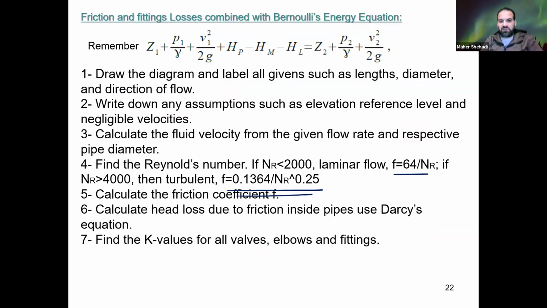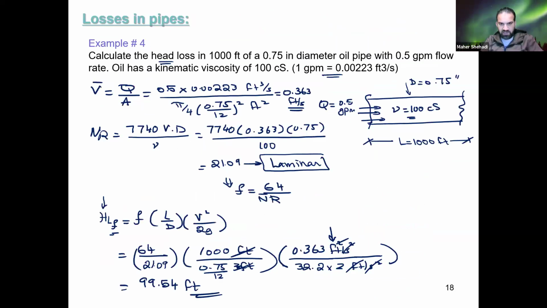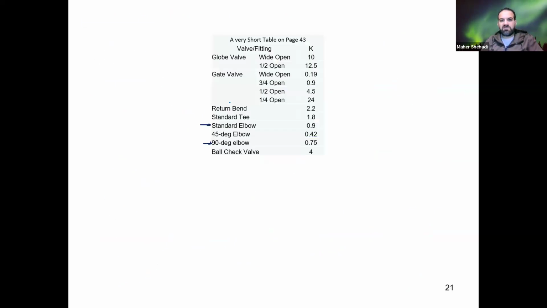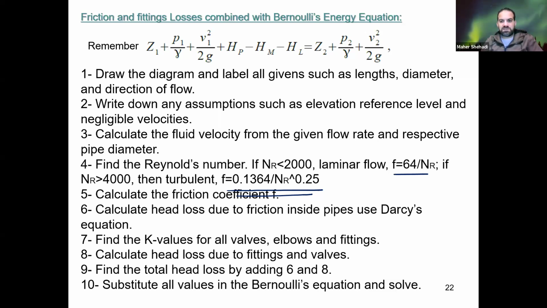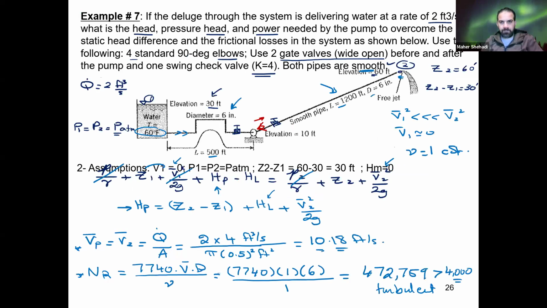Anyway, we'll get F. Since I'm here, if it was less than 100,000, I can use the Blasius equation if it's turbulent. If it's laminar, then it's 64 divided by the Reynolds number. And that's why I like this summary sheet, because it helps us in these steps.